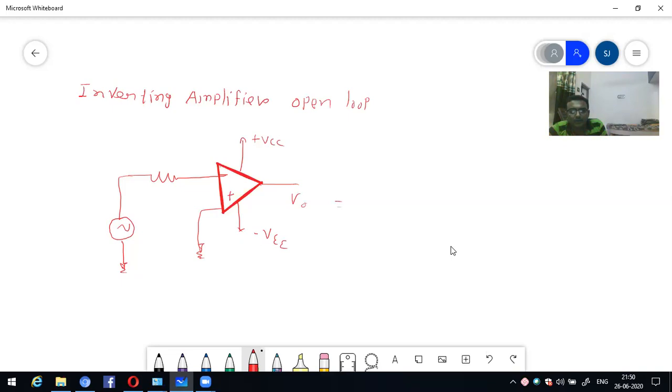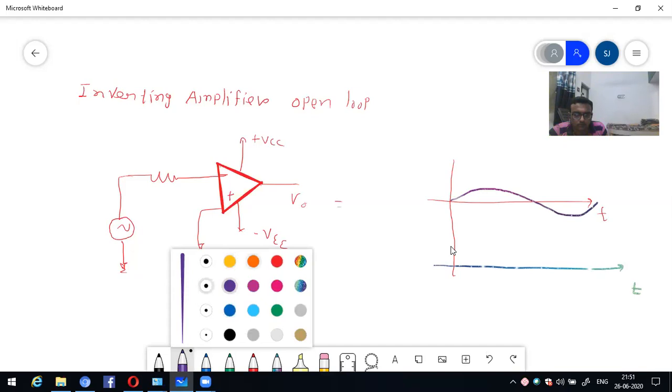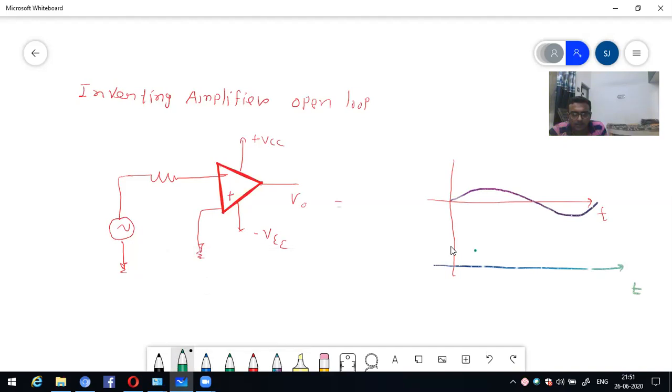Now, if we apply this type of input, it is known as Vin.